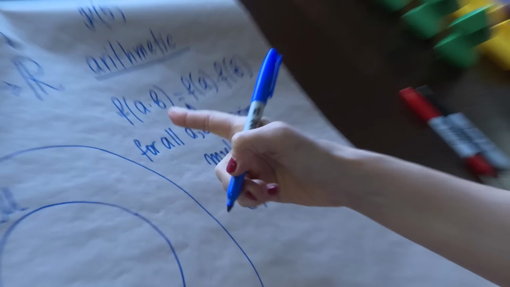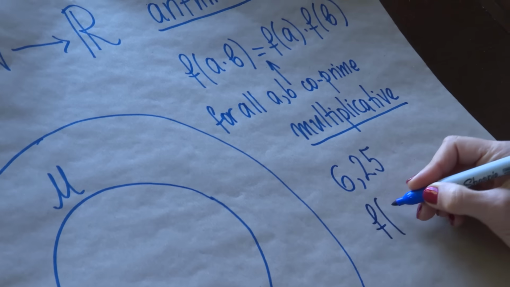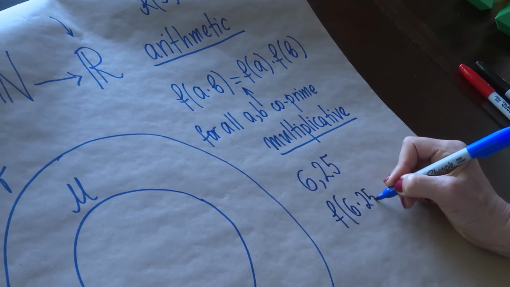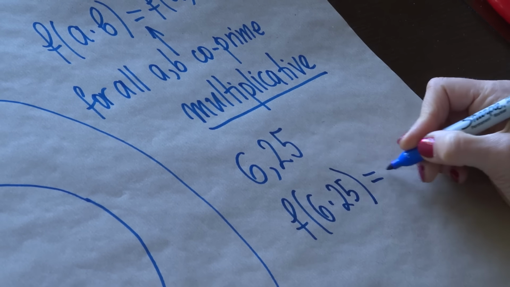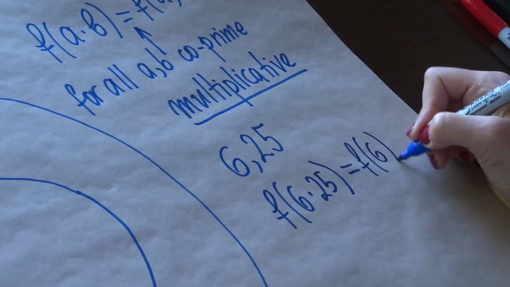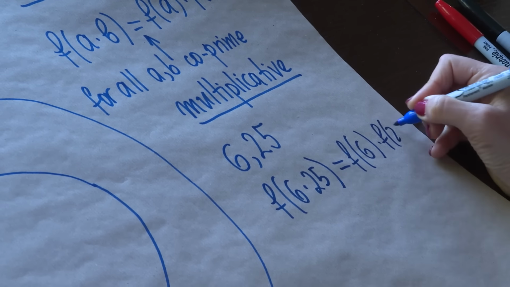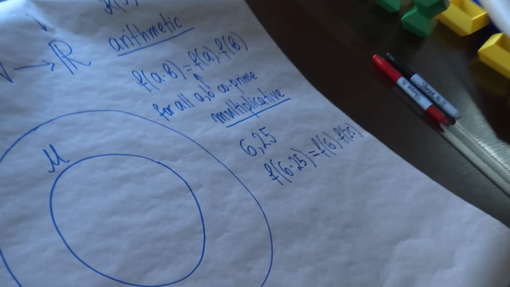And if f were multiplicative, then f has to split, f of 150 should be f of 6 times f of 25. And it must work on the splitting principle as soon as you feed into it two co-prime numbers.